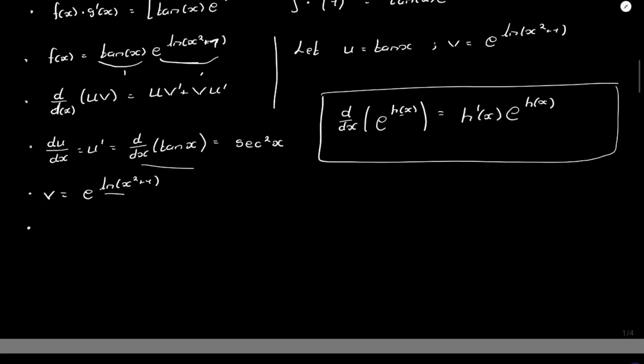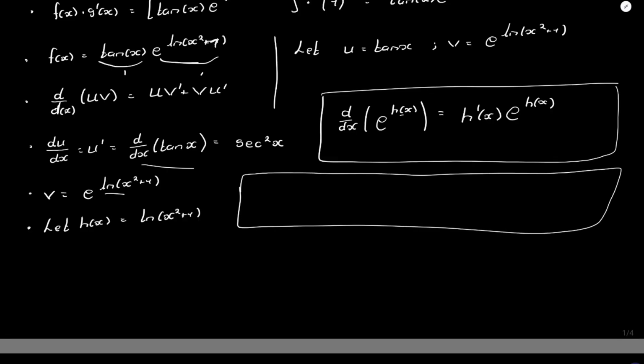So first of all, what is our h of x? Let h of x be equal to ln of x squared plus 1. Now, we still recall very well when working with the derivative of logarithmic functions, it was well stated that the derivative with respect to x of ln of n of x is equal to n prime of x over n of x.